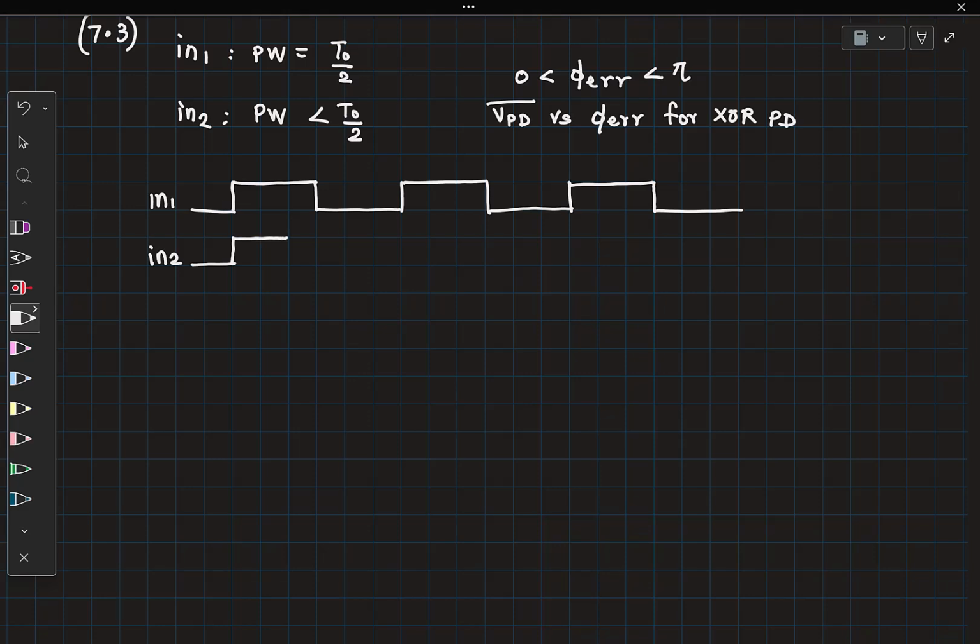In2 has a smaller pulse width. So let's say it goes down at this point. Now if I look at the VPD, you see that VPD average is not 0.